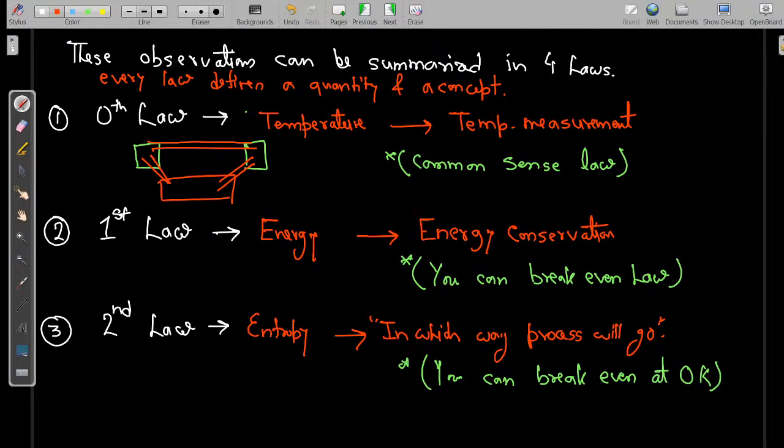Second one is the first law, which tells about energy and energy conservation. The first law tells us that we can convert heat into work. It does not tell that I cannot convert total heat into total work. ये ऐसी कोई बात नहीं बोलता है। फर्स्ट लॉ हमसे बोल रहा है that we can convert total heat into total work. That's it. That's why I am saying that you can break even law.